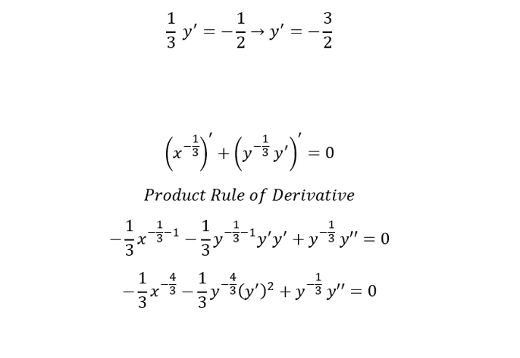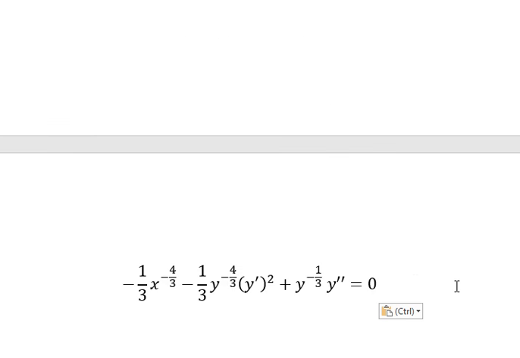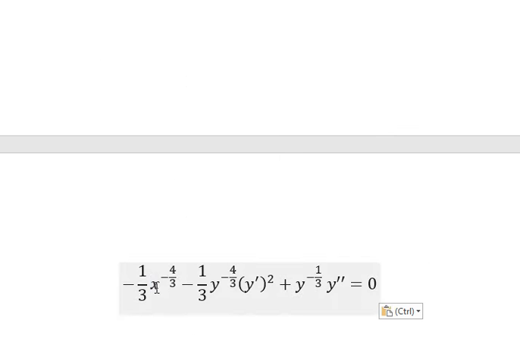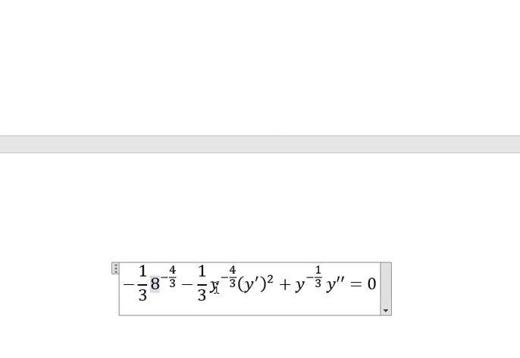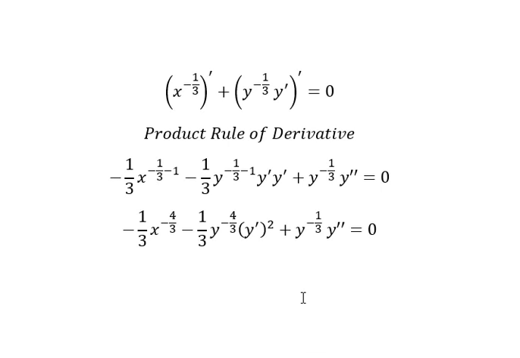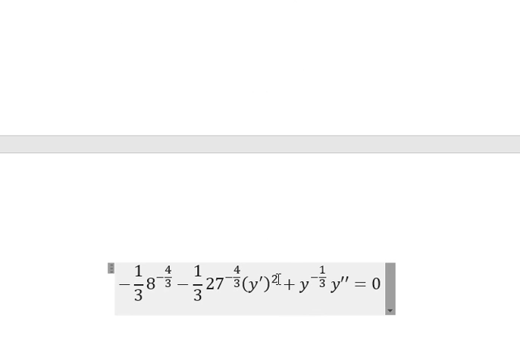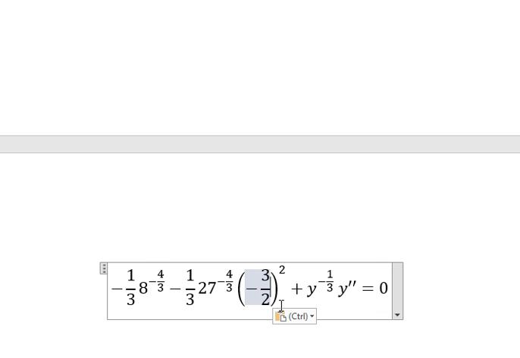After we find the value of this one, now we can put the value in here. y and x, we already know about that. So x is number 8. y is 27. This one is this one. y is 27.